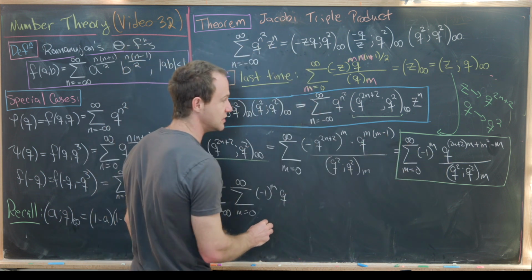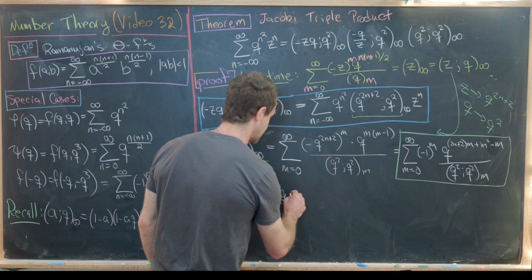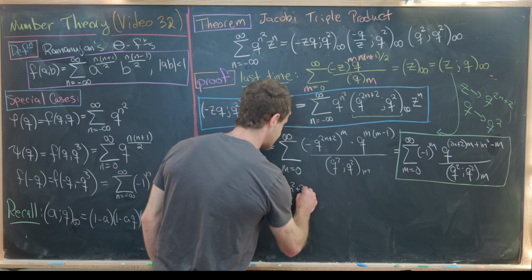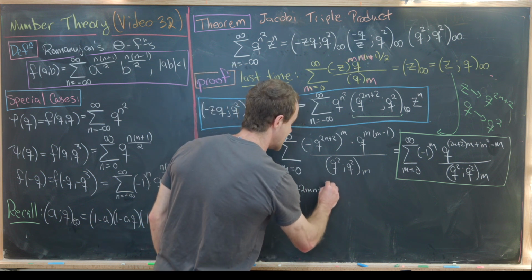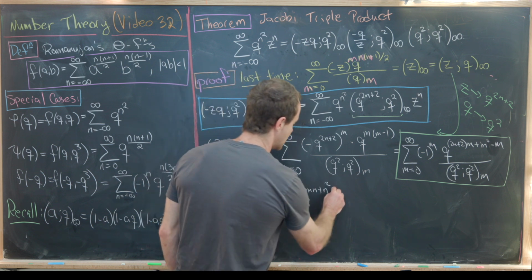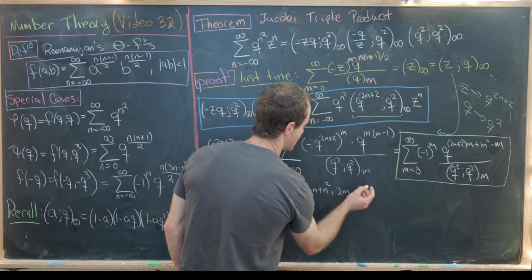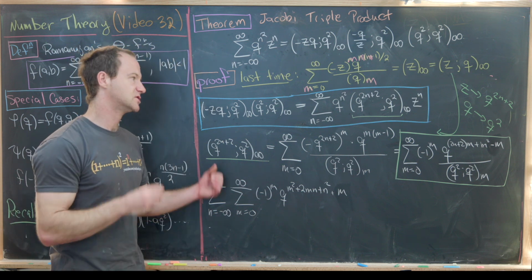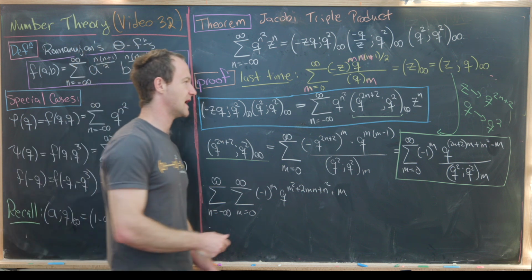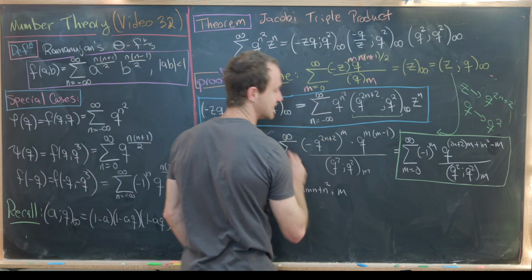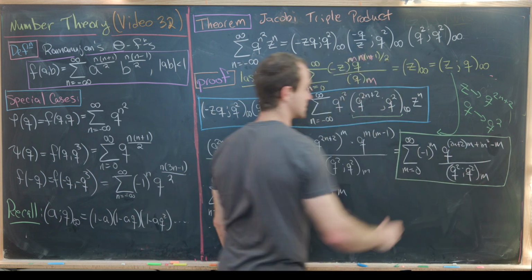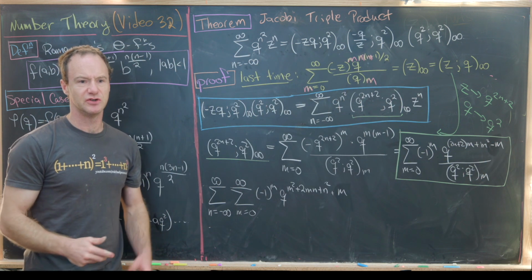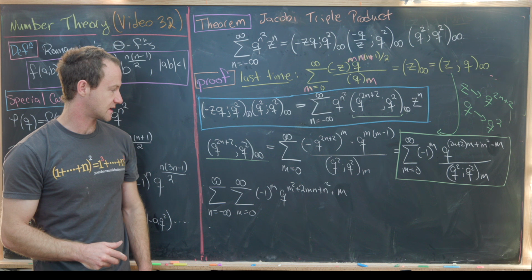So that's going to be q to the, maybe we'll multiply this stuff out, m squared plus 2mn plus n squared, and then plus 2m minus m, so that's going to be plus m, like that. So just to reiterate where that came from, multiplying this q to the n squared with q to this large power here, and then doing some standard arithmetic.